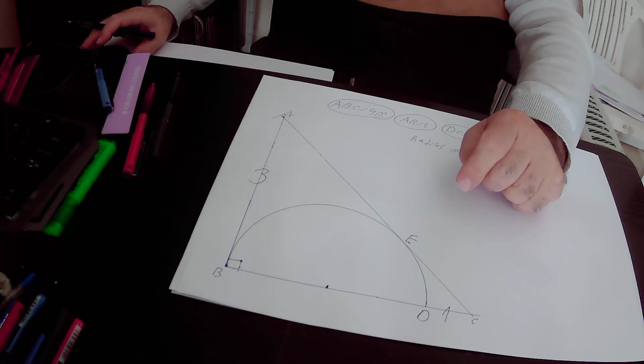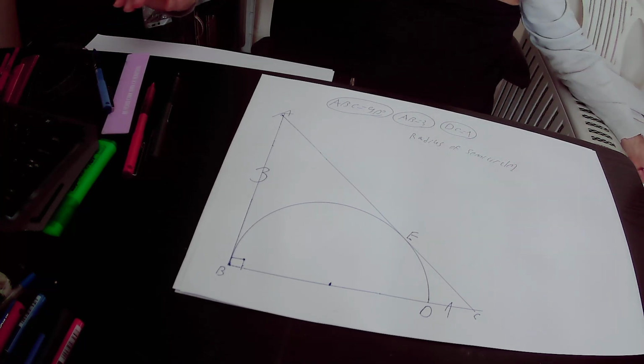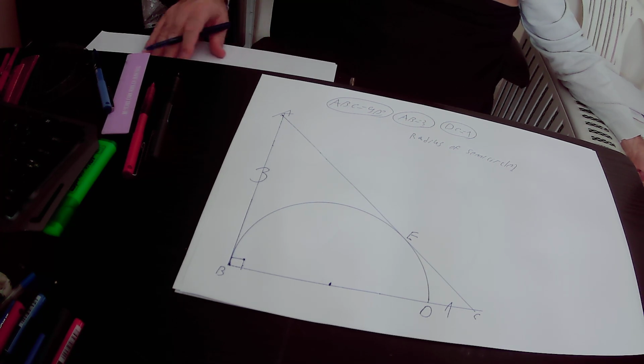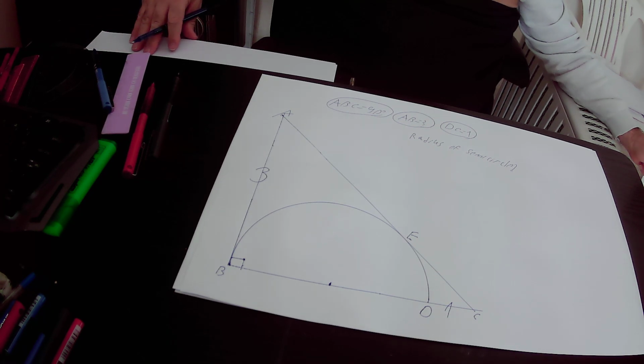So, in order to find out the radius of the semicircle, I will present to you rule number 1, or two tangents theorem.